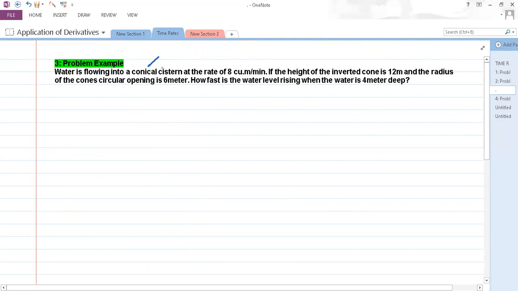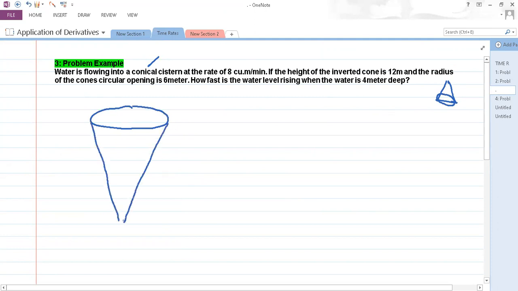So if the height of the inverted cone, so ang cone natin, ganito yung cone, di ba? Ganyan. So inverted cone. So let's draw our inverted cone.